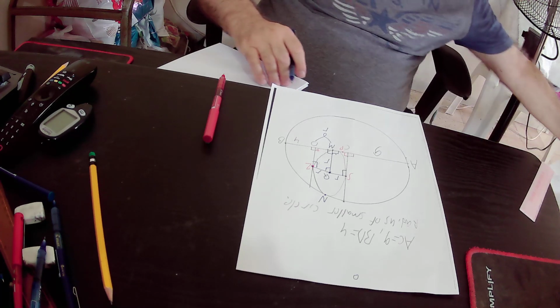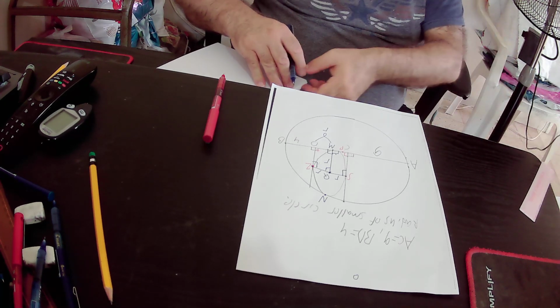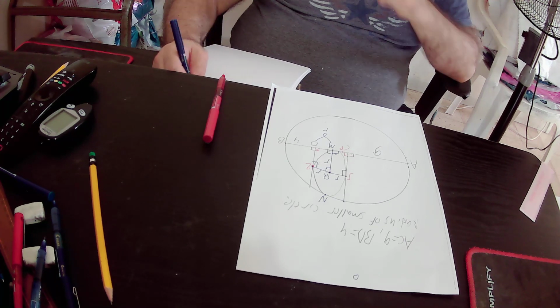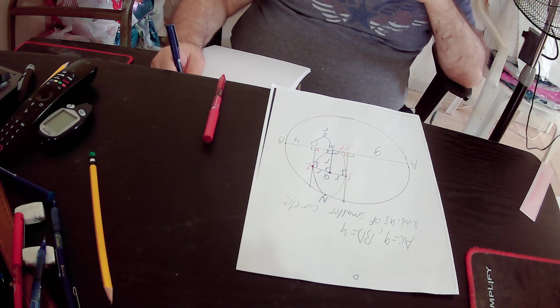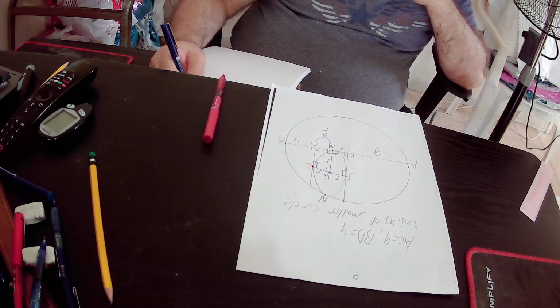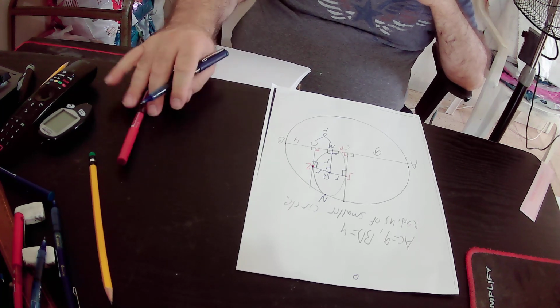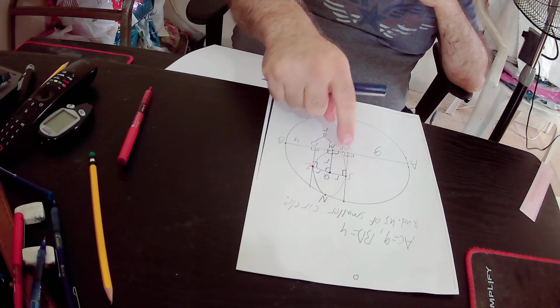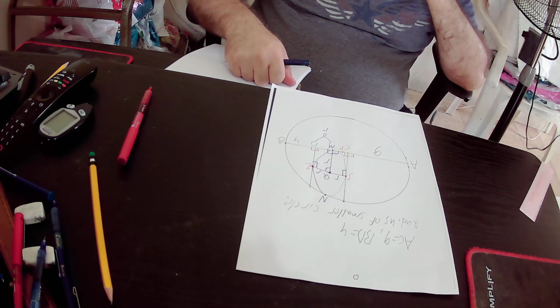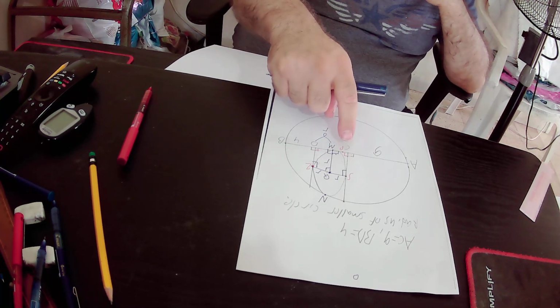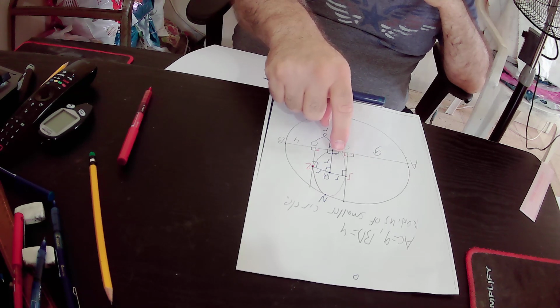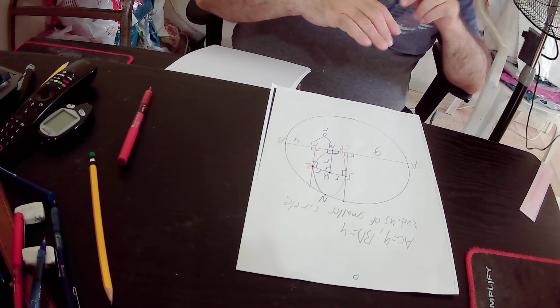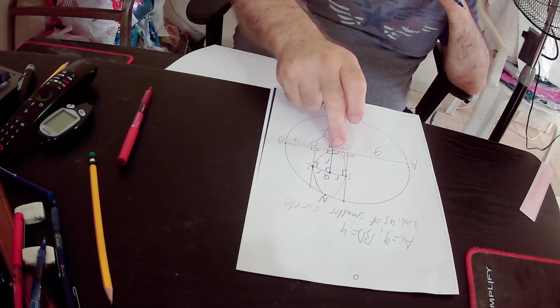And actually we have the other quadrilateral, SQCM. SQCM is a quadrilateral with 3 right angles.